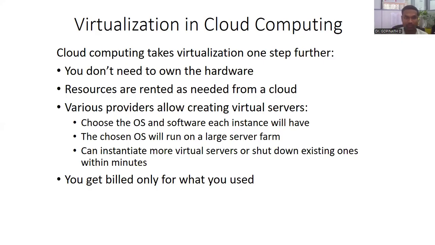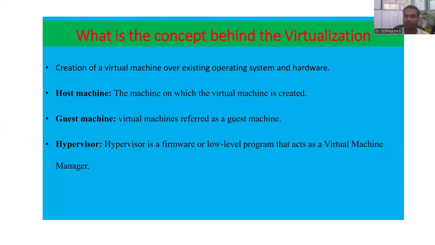Okay. Next, what is the concept behind virtualization? Three main things are there here: the host machine, the guest machine, and the third one, the hypervisor. The host machine is the machine on which the virtual machine is created. The guest machine is the virtual machine. The hypervisor is a firmware or low-level program that acts as a virtual machine manager.